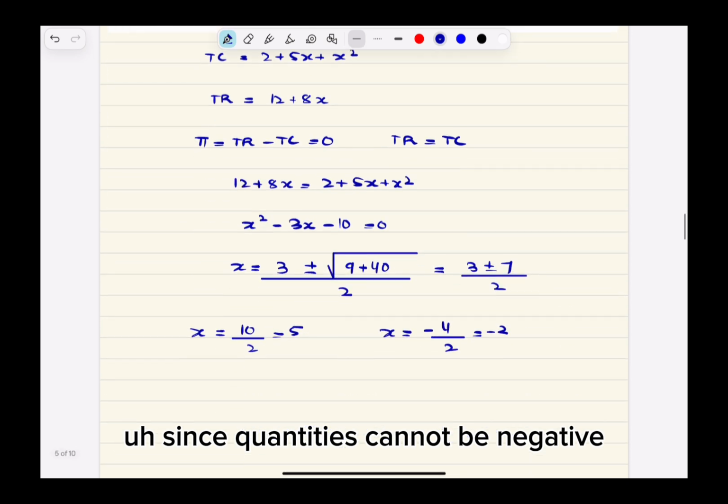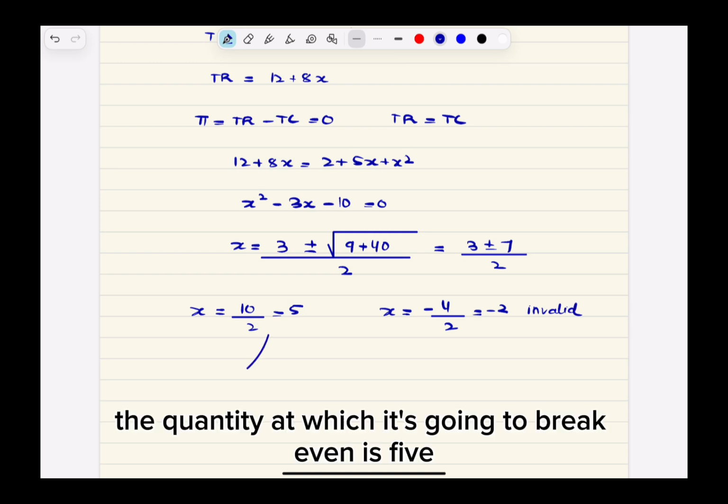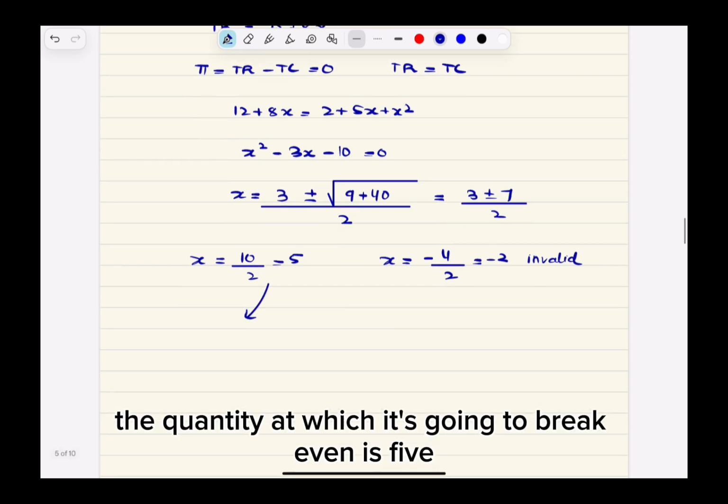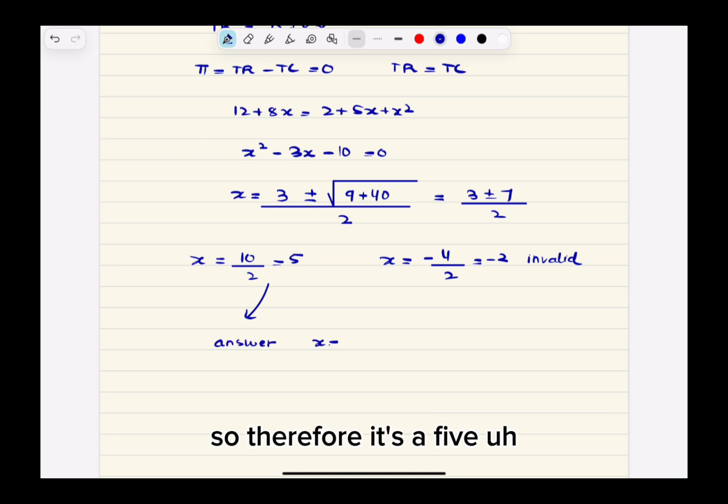Since quantities cannot be negative, this is invalid. So the quantity at which it's going to break even is 5. The answer has to be a positive number. So therefore, it's 5.